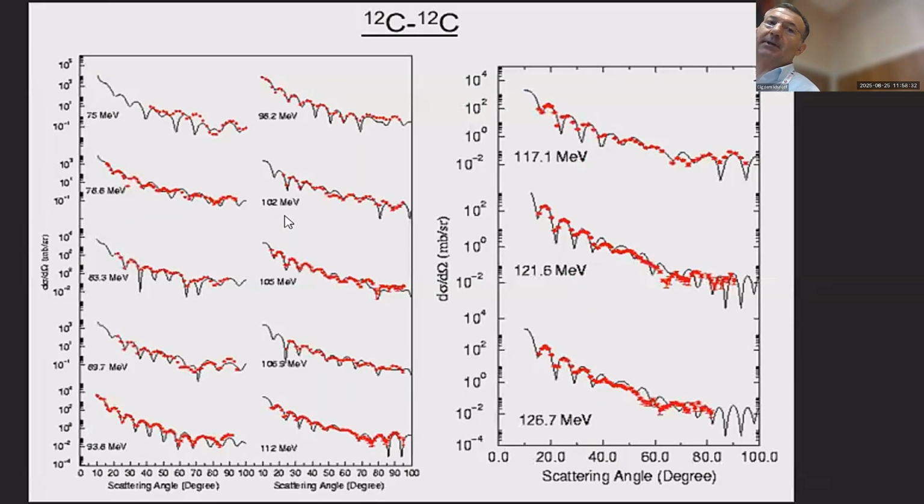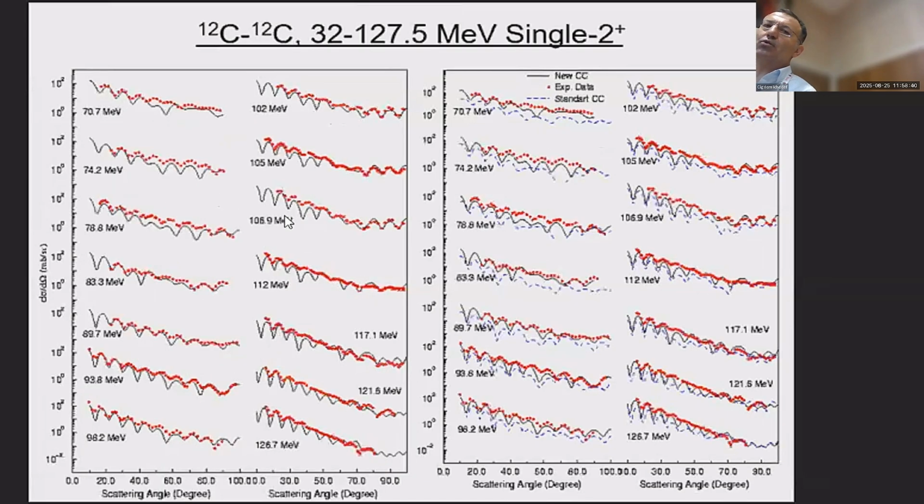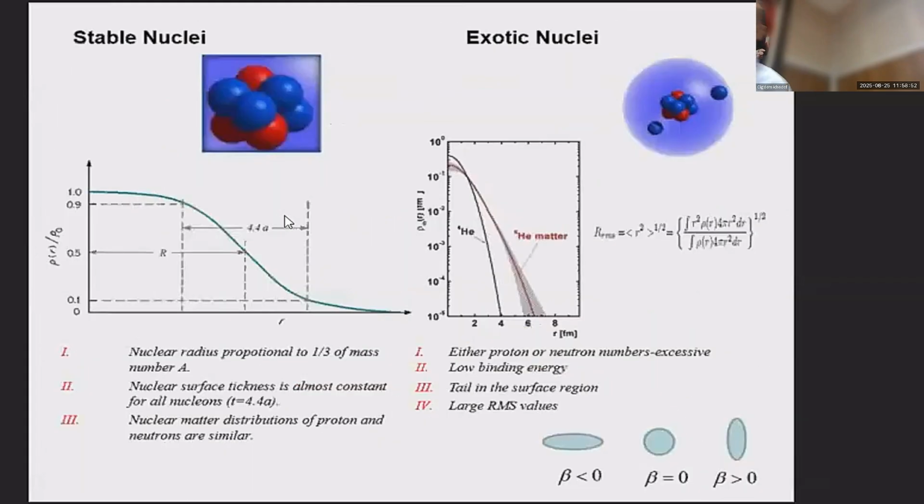This is, for example, carbon. Dots are experiment. Solid lines are theory. As you see, it explains quite well. It's such a simple Schrödinger equation, but the results are really impressive, and there is good agreement between theory and experiment.